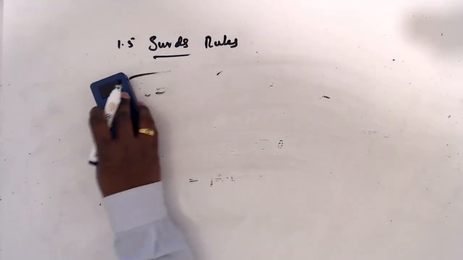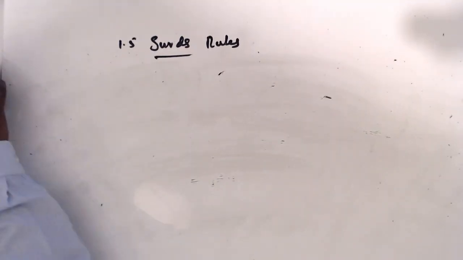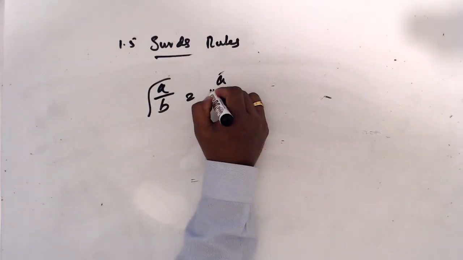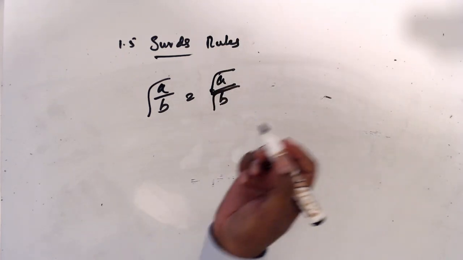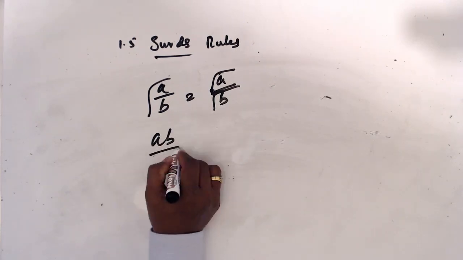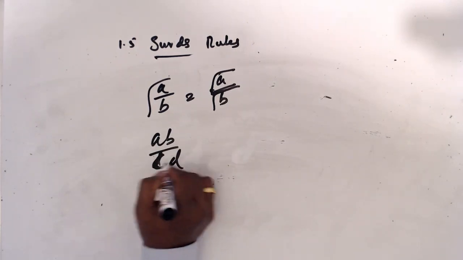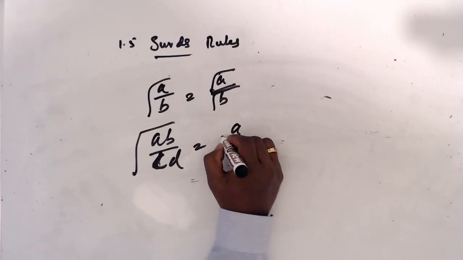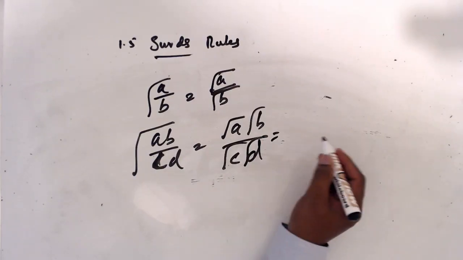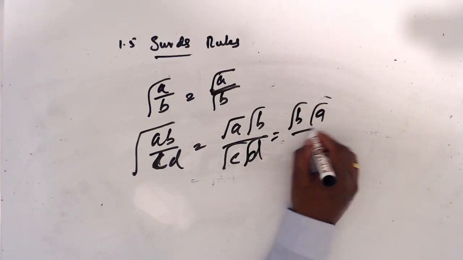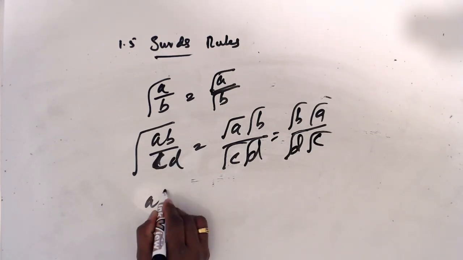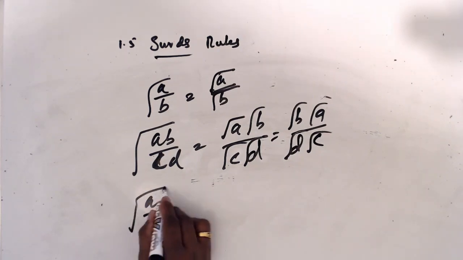Also, the next rule is, we have square root of A over B. You can write it as square root A over square root B. So if we have A, B over C, D under a square root, then you can write it as A, B, C, D. You can switch as well, B, A, D, C. I can show you that A, B, C, D under the square root.